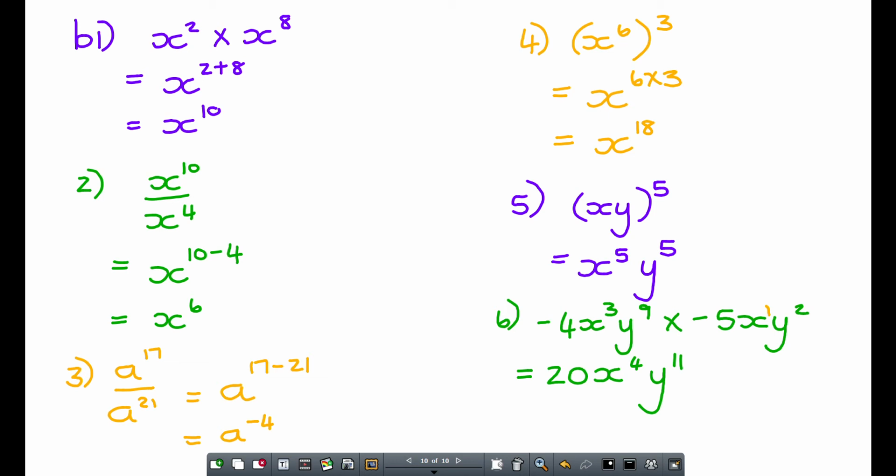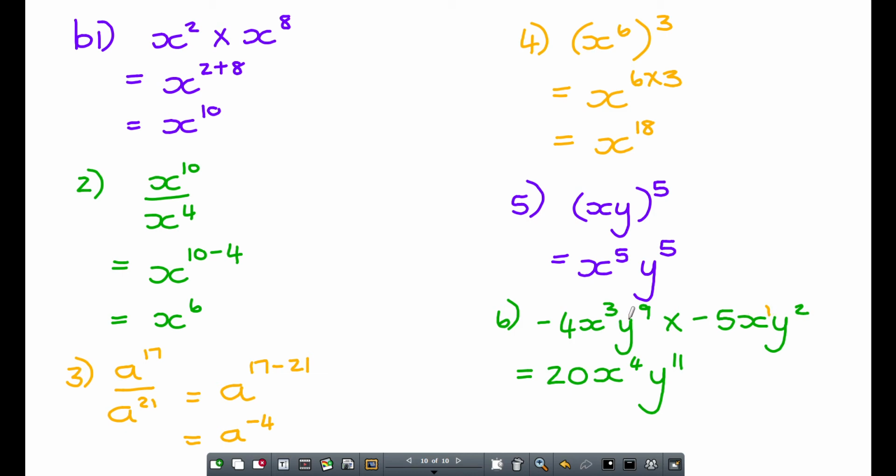All right, we first look at the sign and the coefficient. So technically minus 4, look at the board. Minus 4 times minus 5, and that gave me the positive 20. Then x to the power of 3 times x to the power of 1. Base is the same and we multiply, so I'm going to add my exponents.